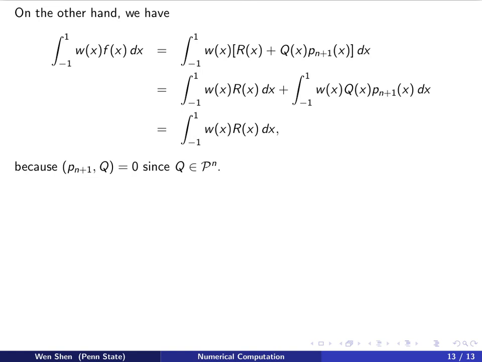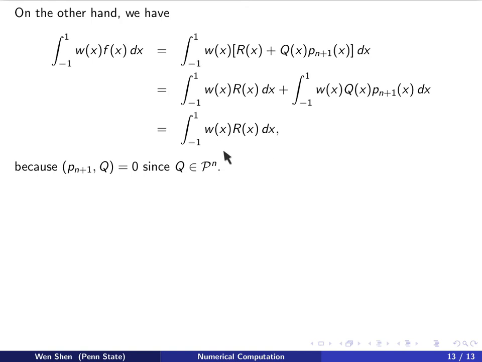Now what is really interesting is that this second integral is exactly the inner product between P_{n+1} and q. Recall the definition we made. We also know these polynomials P are constructed such that P_{n+1} is orthogonal to all polynomials of degree less than or equal to n. Therefore, the inner product is 0, so this term is 0, and the only non-zero term is the first one, which we write here.